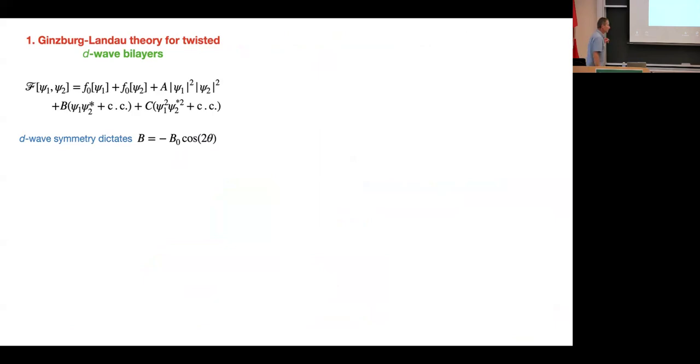So the easiest way to understand the origin of this time reversal symmetry breaking is to look at the Ginzburg-Landau free energy of these two superconductors. And it's actually quite simple. So one can write it like this. The two layers are described by two complex scalar order parameters that are called psi1 and psi2.